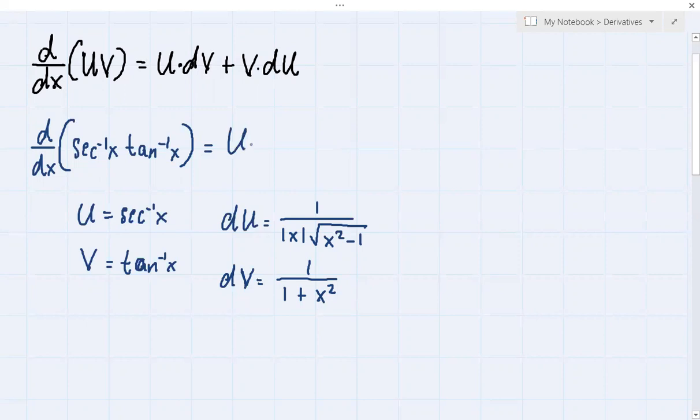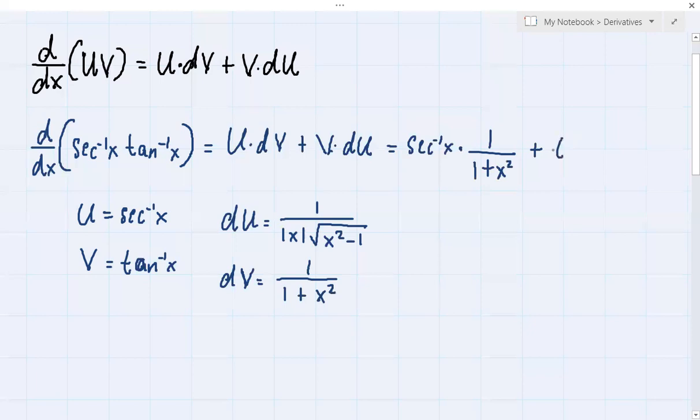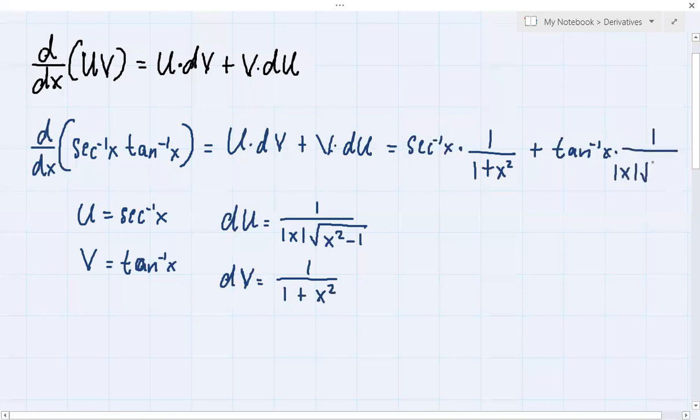Alright? So recall ha, the derivative of arc tangent is 1 all over 1 plus x squared. So now let's substitute in the formula, which is u dv plus v du. Okay? So substitute natin si u, si arc secant, times si dv, this is 1 all over 1 plus x squared. Plus si v, we have arc tangent, times du, we have 1 all over absolute value of x times the square root of x squared minus 1.